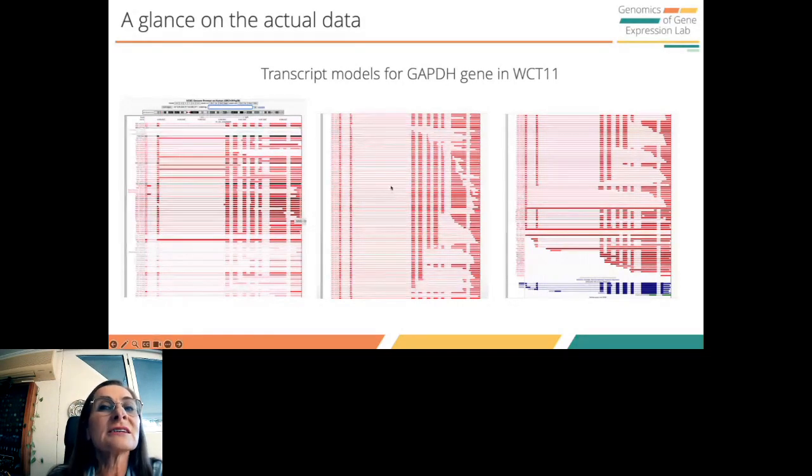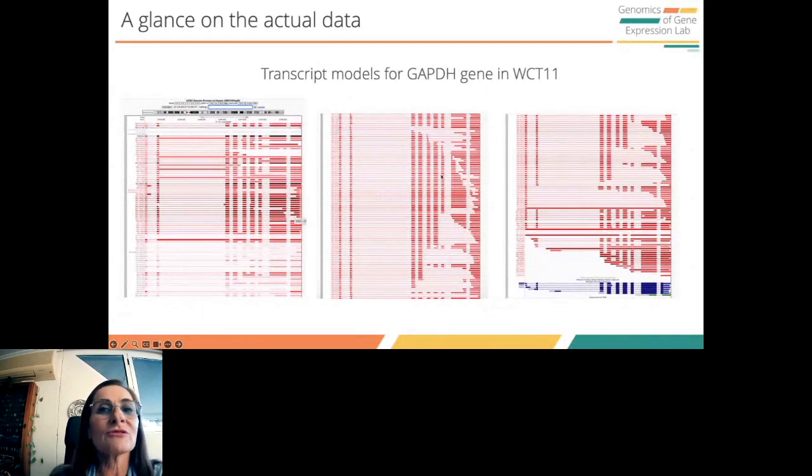This sequencing data has been gathered by a number of different technologies and then processed and put together in transcript models. What you can see here is a genome browser view of this gene. Here you have the GENCODE annotation for this gene, which indicates 6 alternative isoforms.